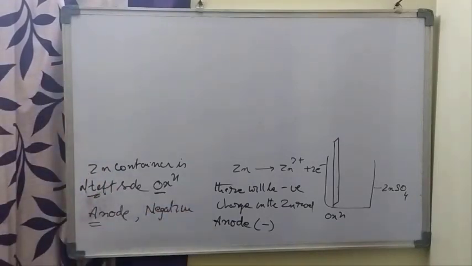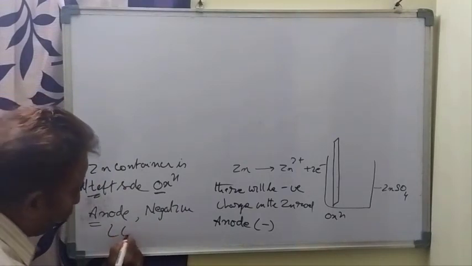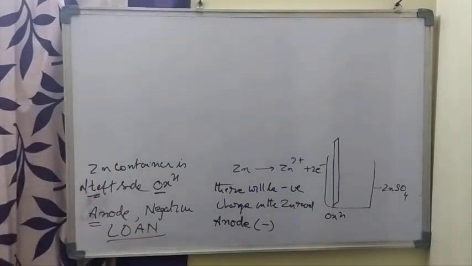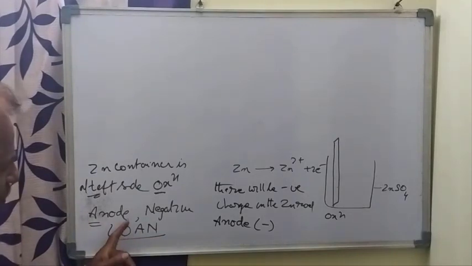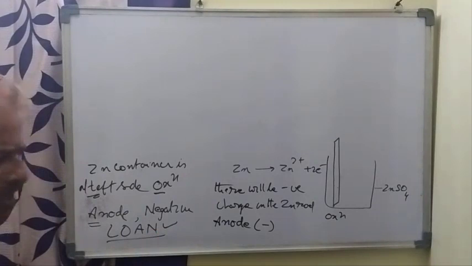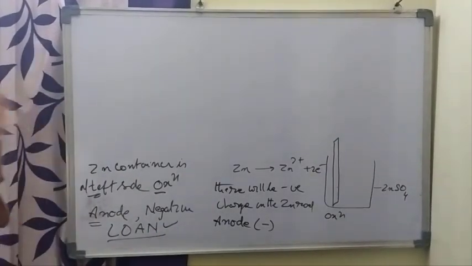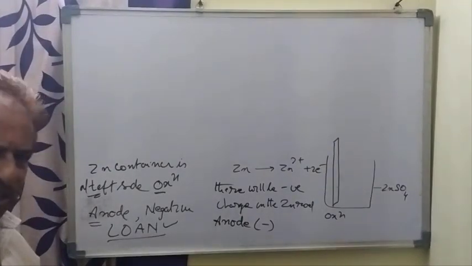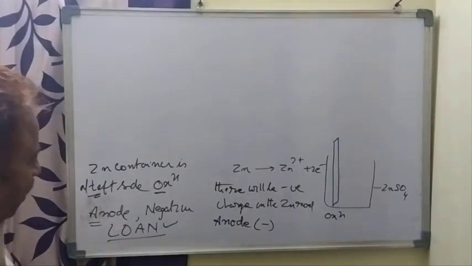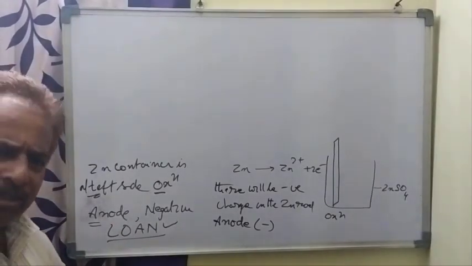Therefore, you take all these letters L, O, A, N, LOAN. So, what is this LOAN? Left side oxidation, anode, and negative. So, you remember this. Therefore, it is easy to understand, easy to remember, easy to recollect which half cell is oxidation half cell and which is reduction half cell, and what are the charges on those electrodes, etc. So, this is LOAN, which means left oxidation, anode, negative.